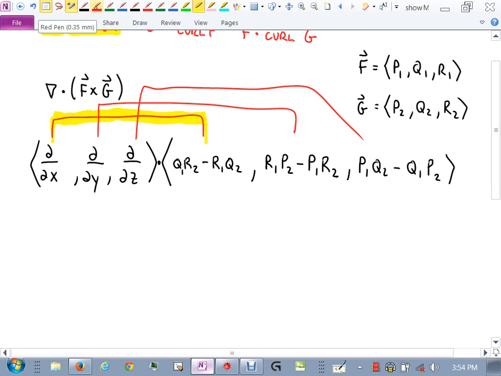So I'm going to put it in parentheses so we can just keep it together.